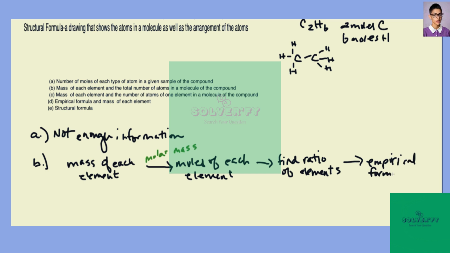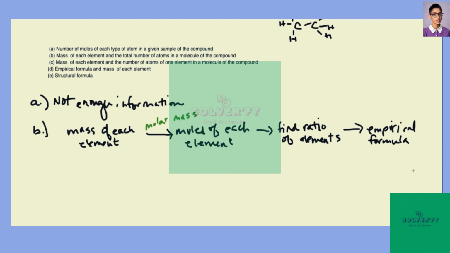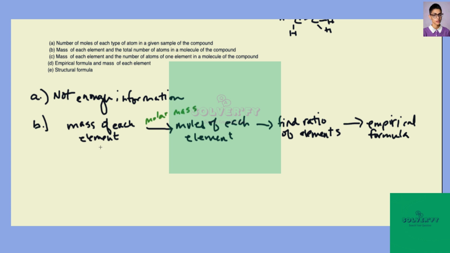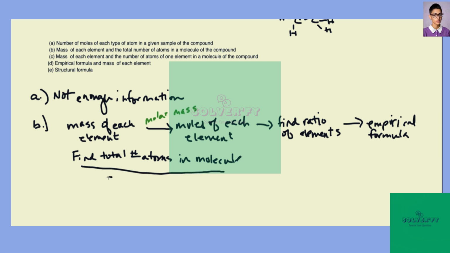To find the molecular formula, we have to compare the total number of atoms in the empirical formula to the total number of atoms in the molecule. So after you've found the empirical formula, we find total number of atoms in the molecule divided by the atoms in the empirical formula.